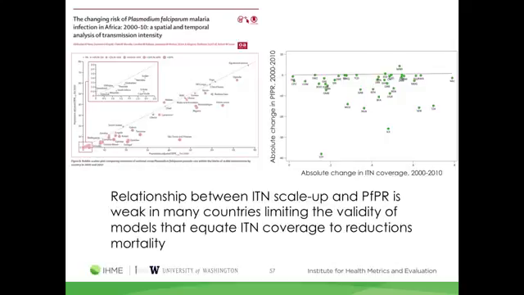The right panel is something that I've done, which is take the change in PFPR as assessed by Noor et al. and compare it to the change in ITN coverage. And there's where we start to get concerned, because there are some countries like Nigeria or Mozambique or Sierra Leone where higher ITN coverage is associated with greater reduction in PFPR.